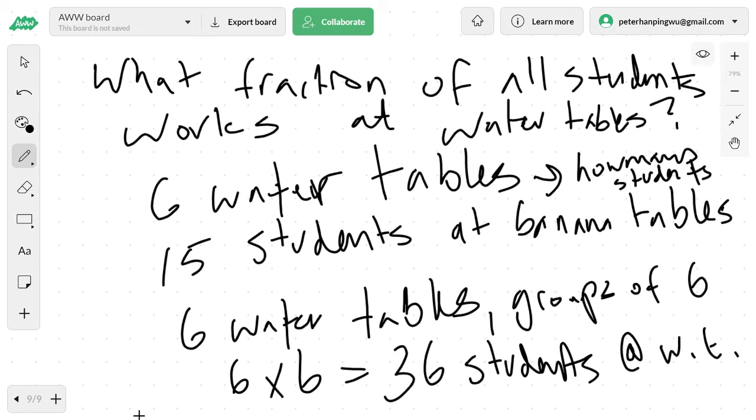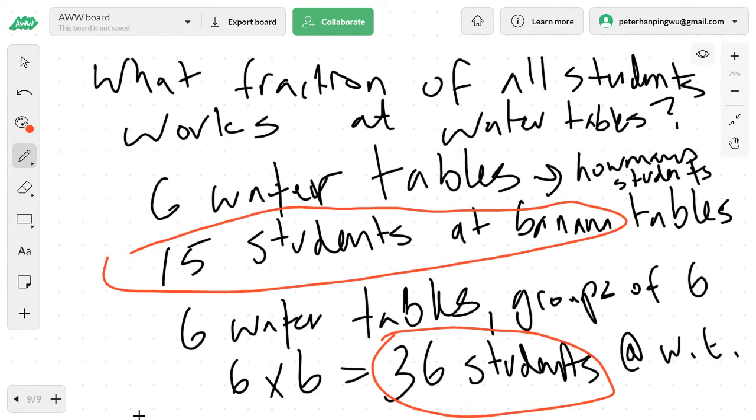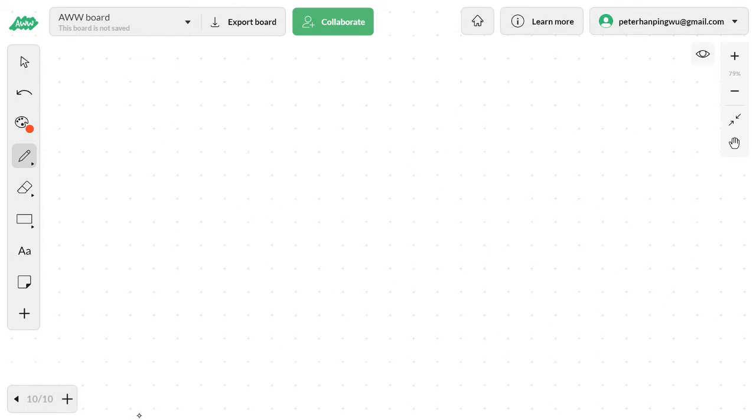So we have 36 students at water tables and 15 students at banana tables. So to write this as a fraction, we're going to take our 15 students, oh, sorry, wrong color.